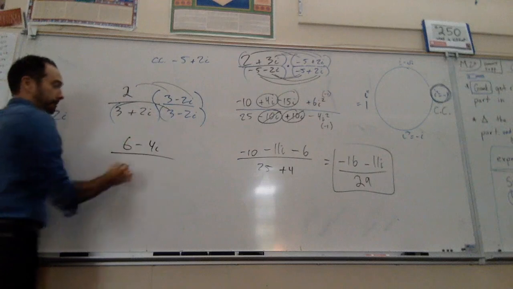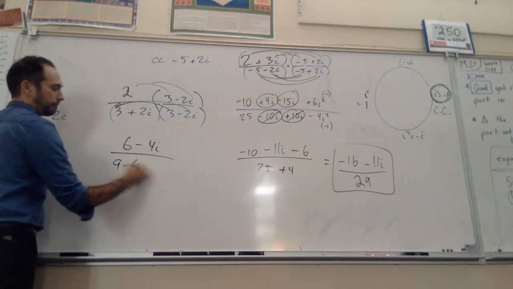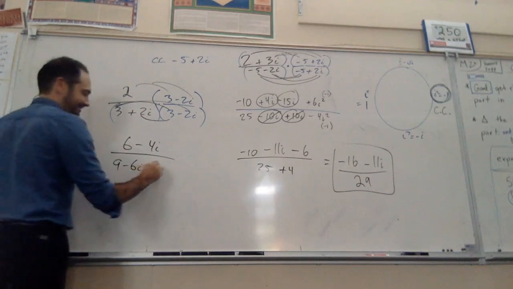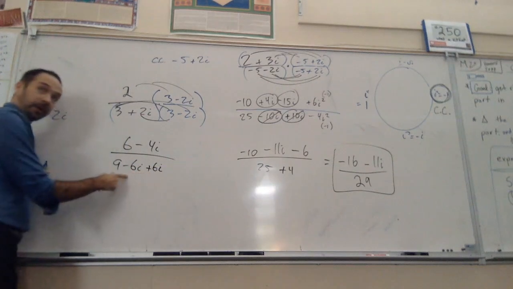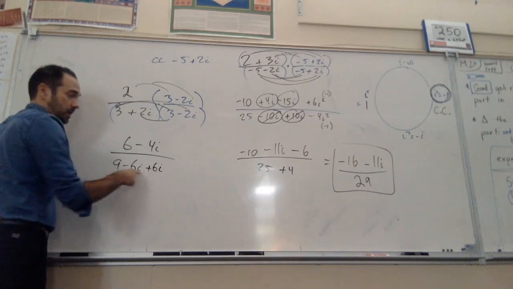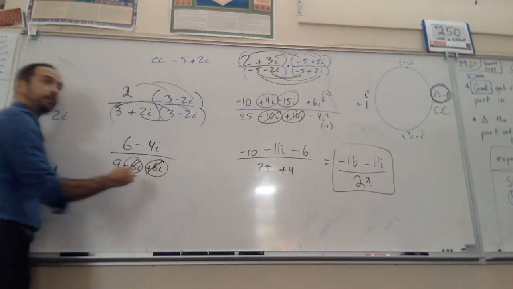First, 9. Outer, 6i. Inner, plus 6i. Do you even need to look? We always know that we're going to have these two terms in the middle from our outer and inner. When we do the complex conjugate, these two terms are going to cancel.